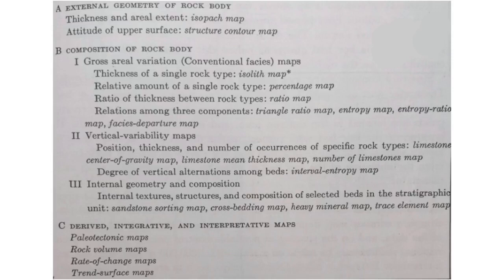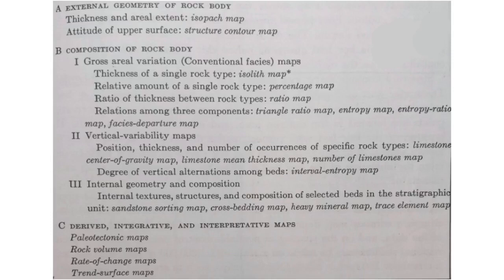Another kind of stratigraphic map depends on the vertical variation map. This depends on the internal geometry and composition, such as internal texture or structure or composition of the selected beds, for example cross bedding or sandstone sorting.